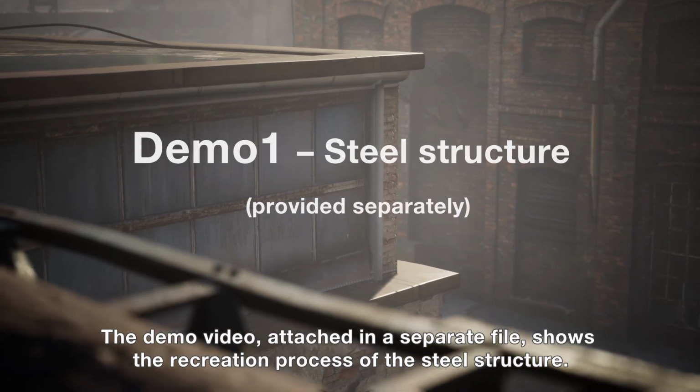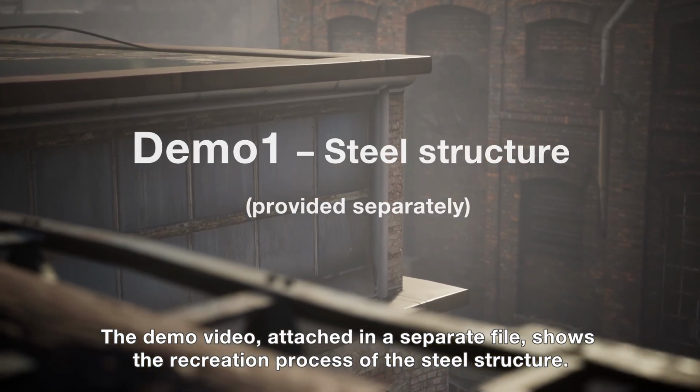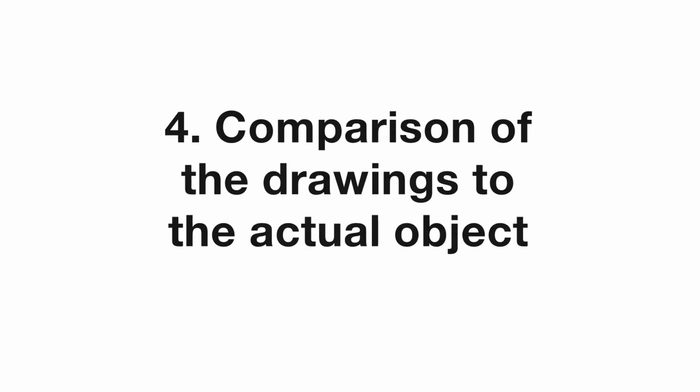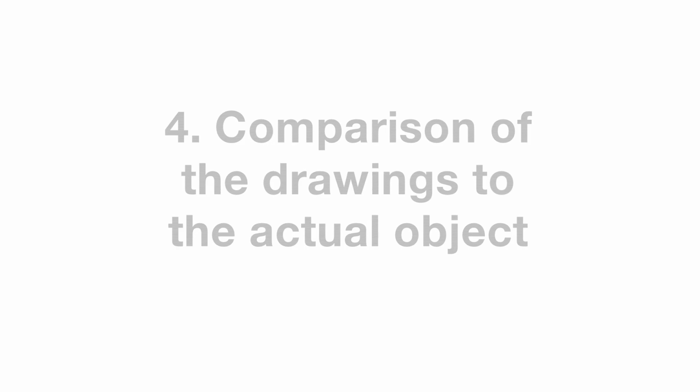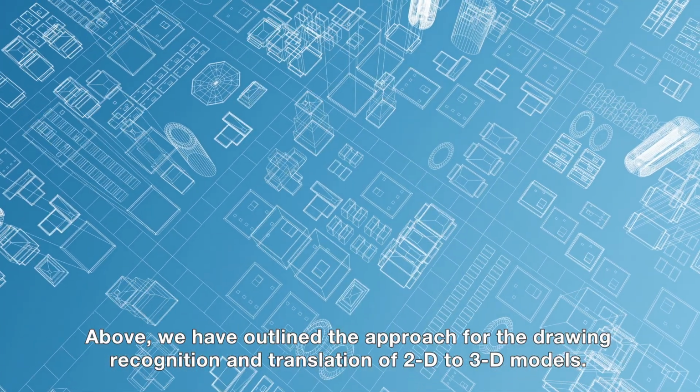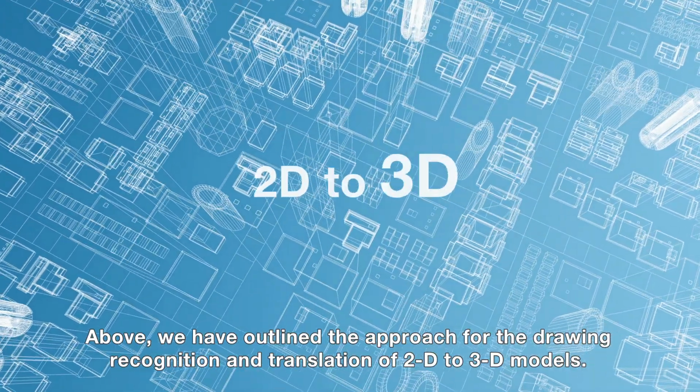The demo video, attached in a separate file, shows the recreation process of the steel structure. Above, we have outlined the approach for the drawing recognition and translation of 2D to 3D models.